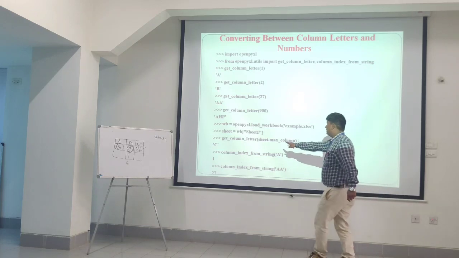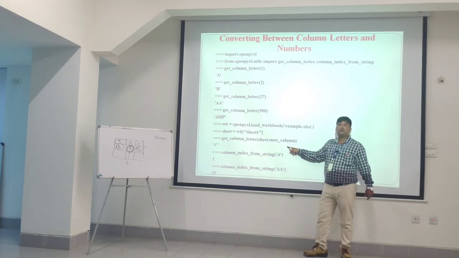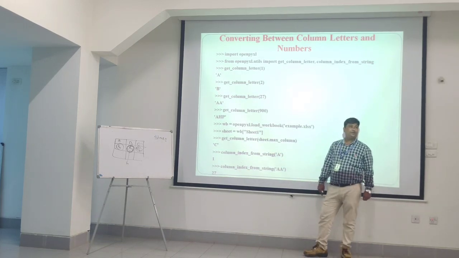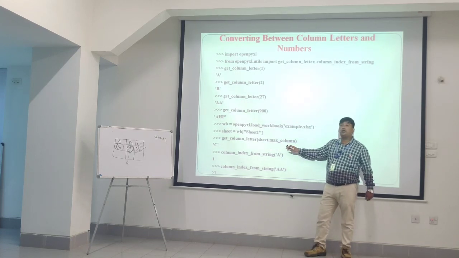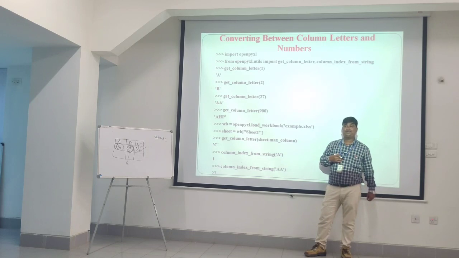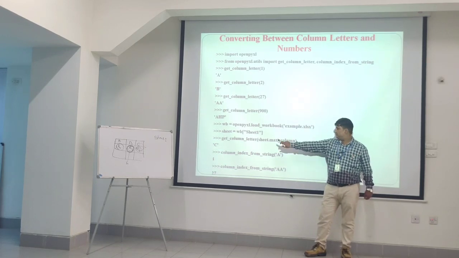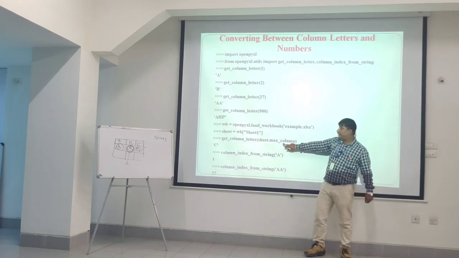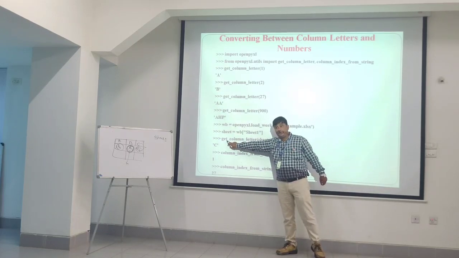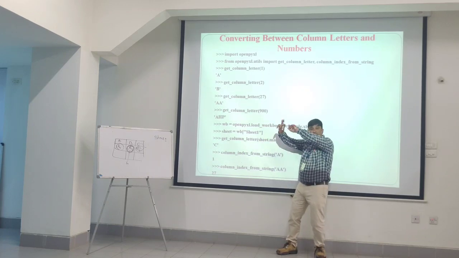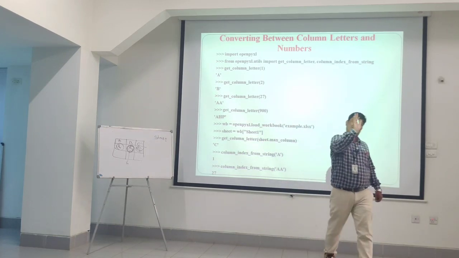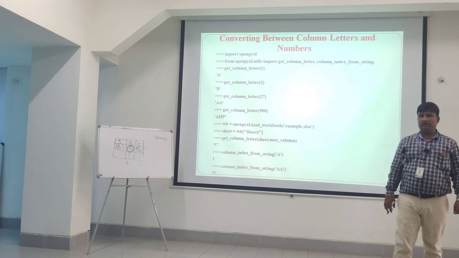So sheet dot max_column returns the number of columns, 3. Then what is displayed? get_column_letter of 3. What is the letter of 3? C. Got my point?